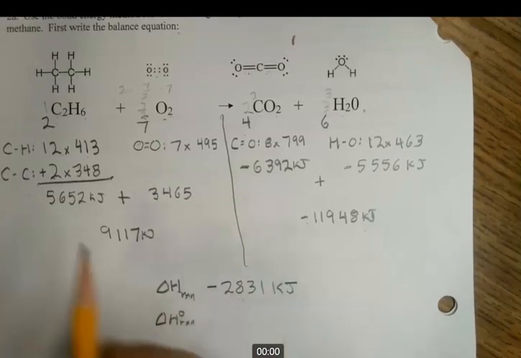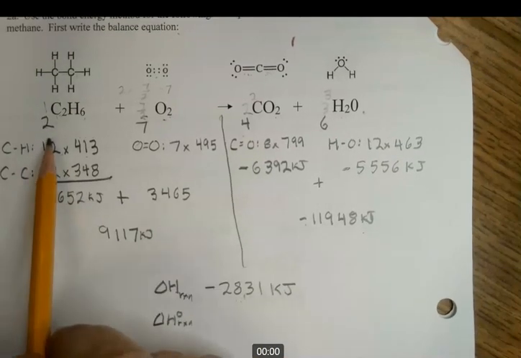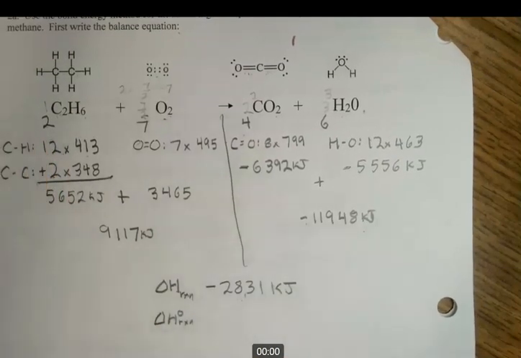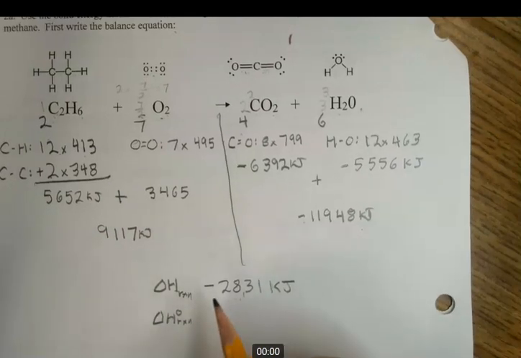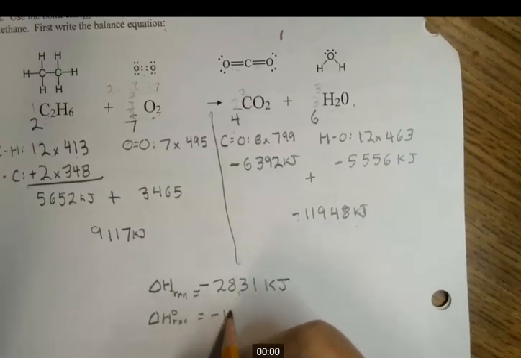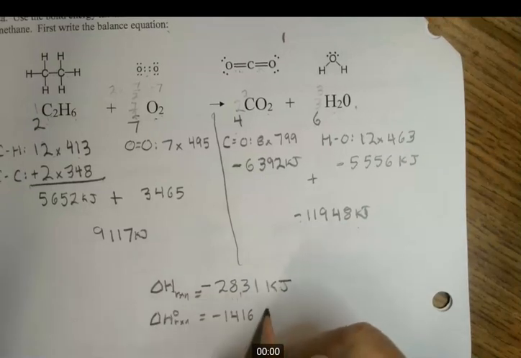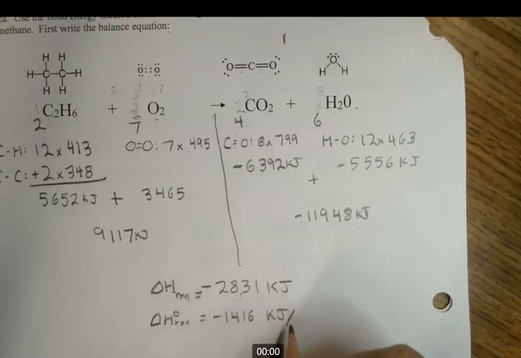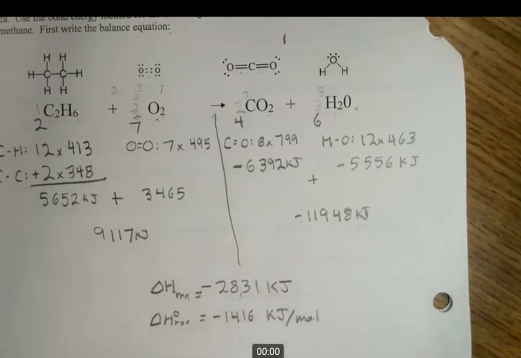You'd simply divide that by 2, because this is the amount we got for 2 moles. So I'm going to divide that by 2, and that'll give us 1416 in round numbers. And that's kilojoules per mole of ethane. Okay, not too bad, is it?